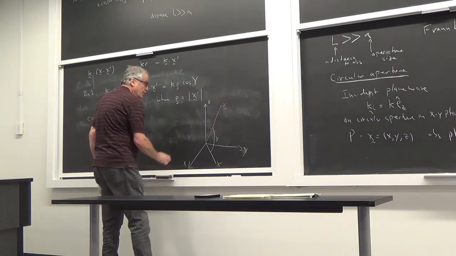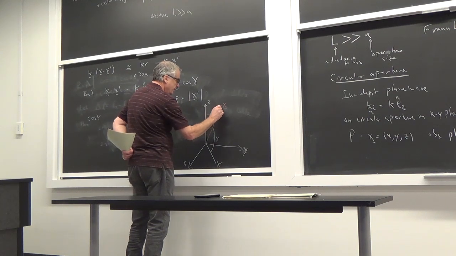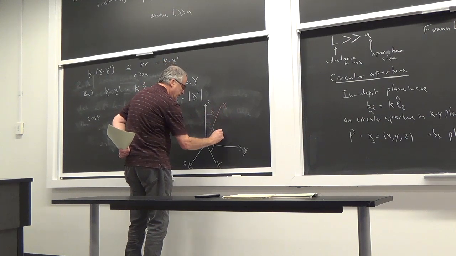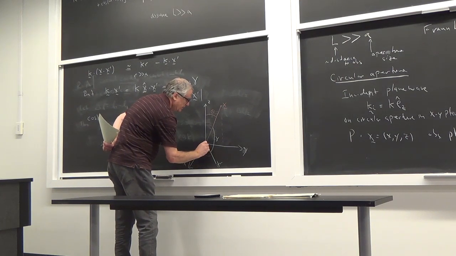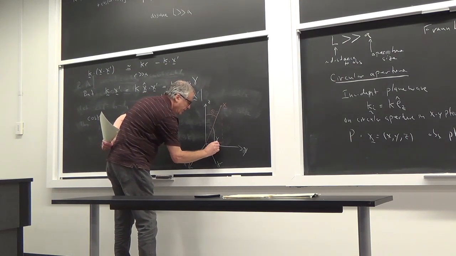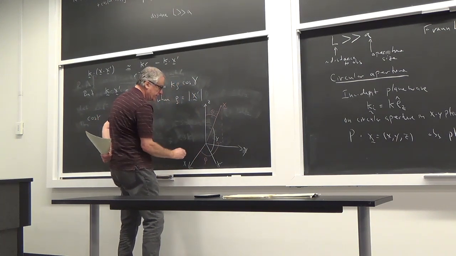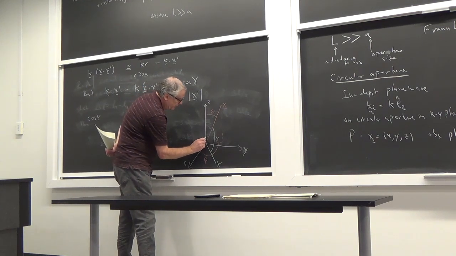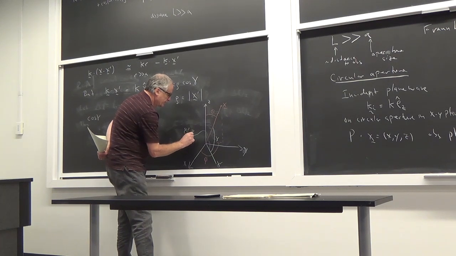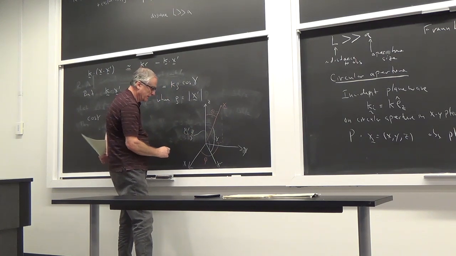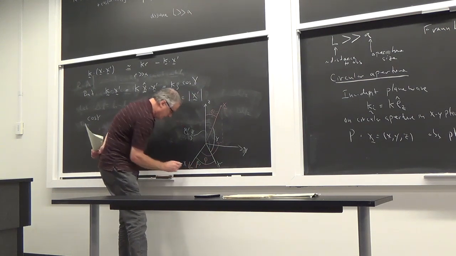And so x has polar coordinates, call it theta and maybe phi. X prime has polar coordinates, well, theta prime is pi over 2, since it's in the xy plane, and phi prime is whatever this angle is.